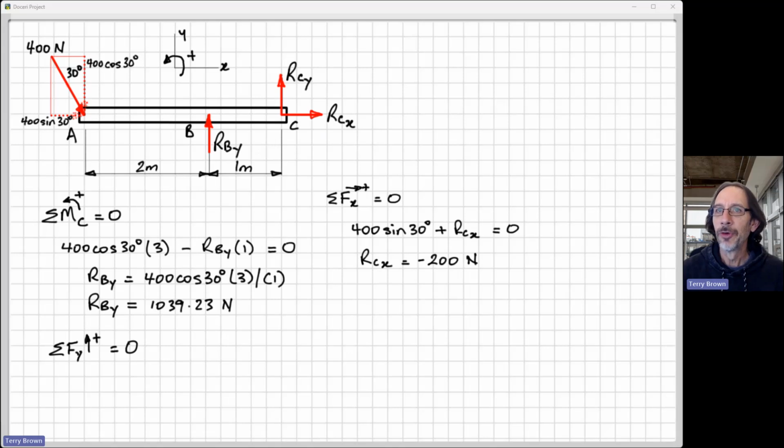So now we look at the sum of the forces in the vertical direction equals 0. And we have our vertical component of our applied load, we have RBY, and we have RCY over here. So let's put those in. Yeah, so this force over here on the left at A is negative, and our other two forces here, RBY, which we now know from our previous equation, and RCY here, acting upwards, so that's positive.